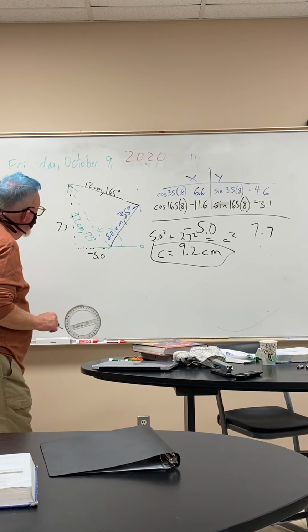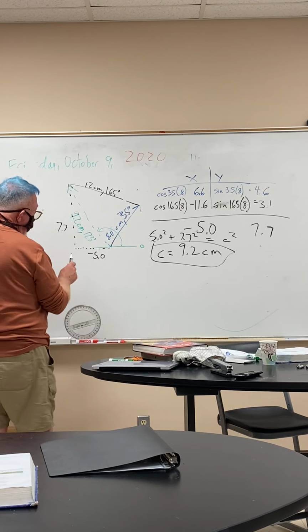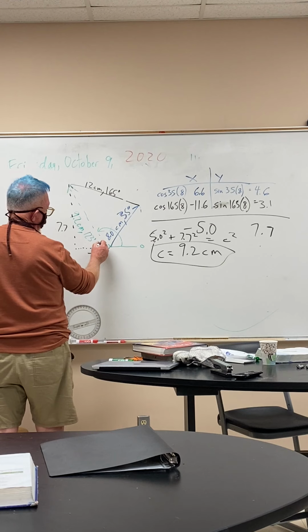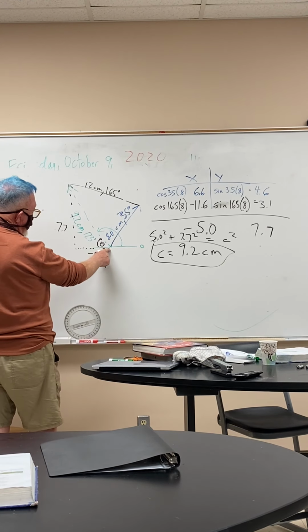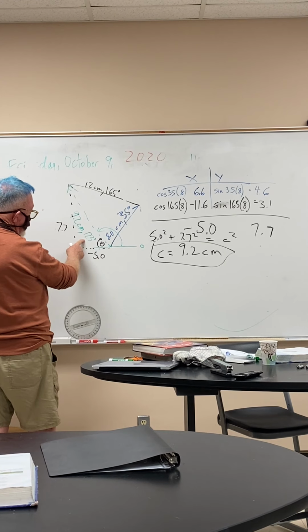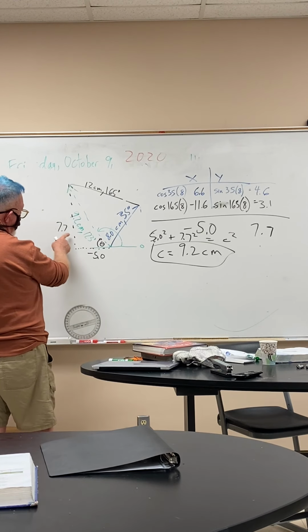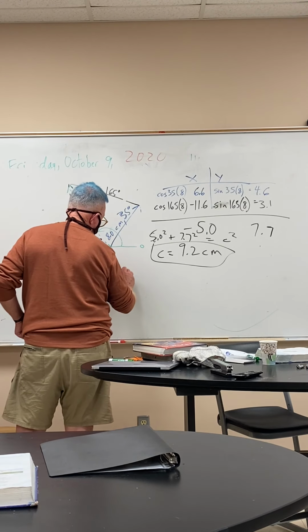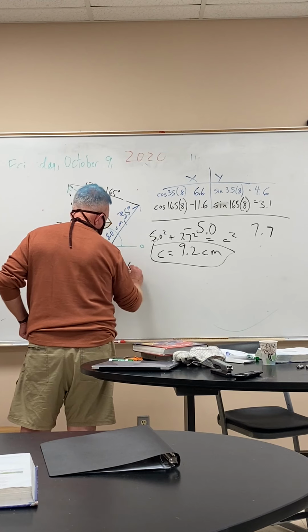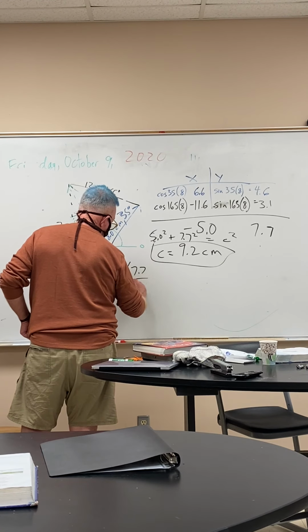Then to find the angle, we can find this angle right here and subtract it from 180. It should give us 123. So we'll take tan to the minus 1 of 7.7 over negative 5.